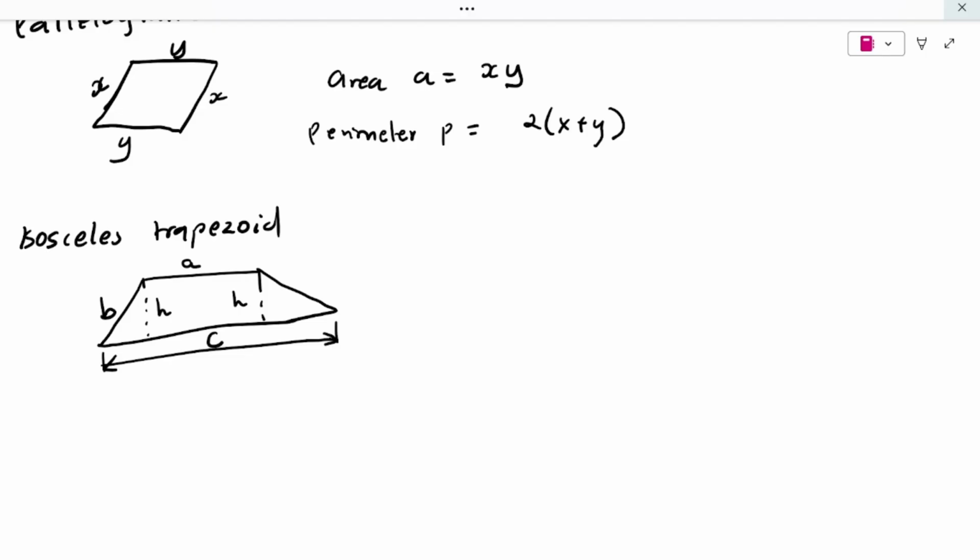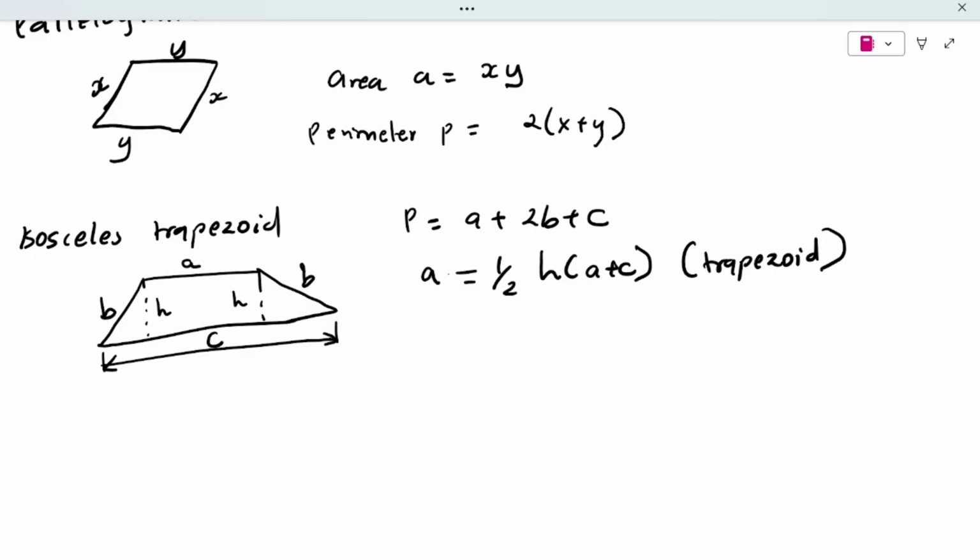So the perimeter, which is P, is A plus 2B plus C. This is the perimeter of the isosceles trapezoid. The area is equal to a half H times (A plus C). This is the area.